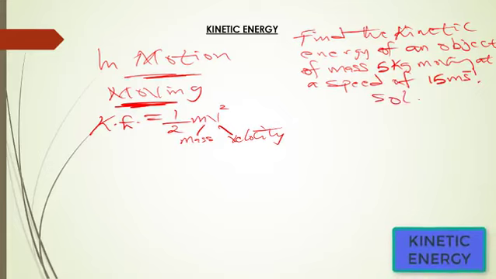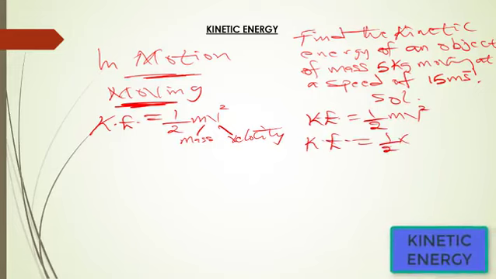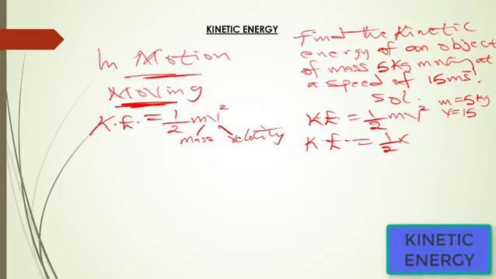So, very simple. Remember that kinetic energy is given by half mv squared. So kinetic energy is going to become half times the mass of the body. Mass of the body is 5 kg. The velocity of that body is 15 meters per second.